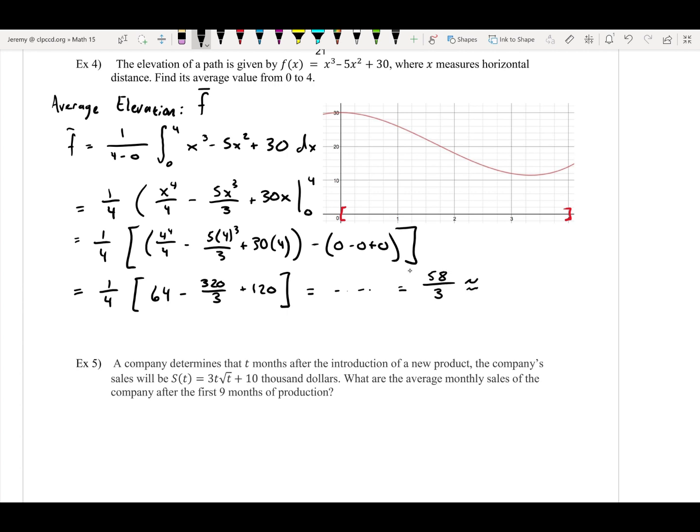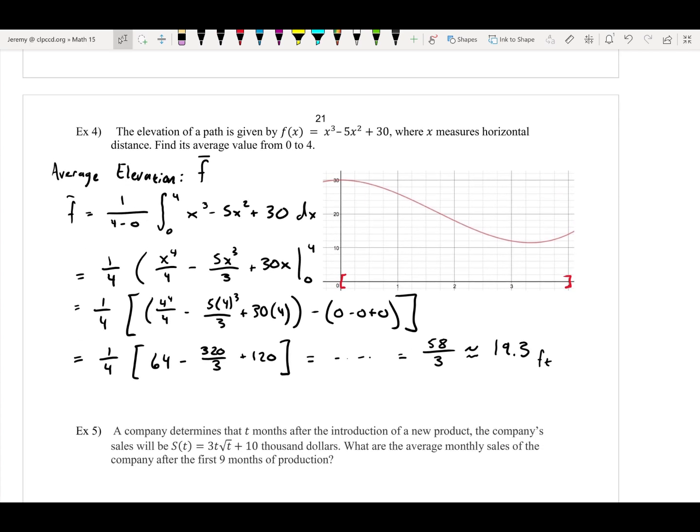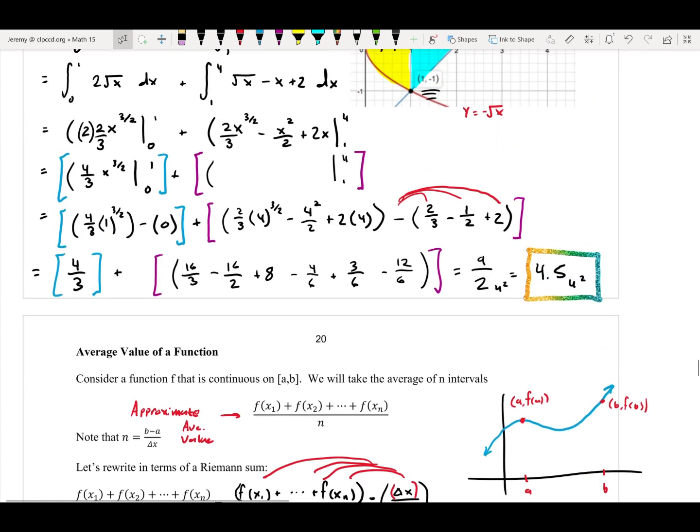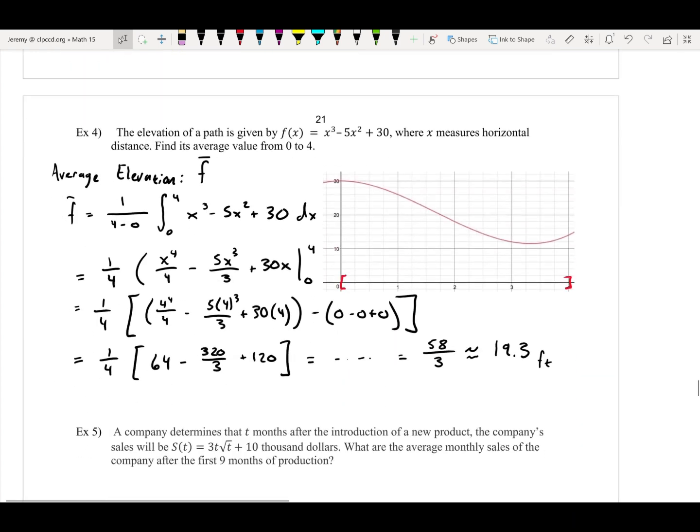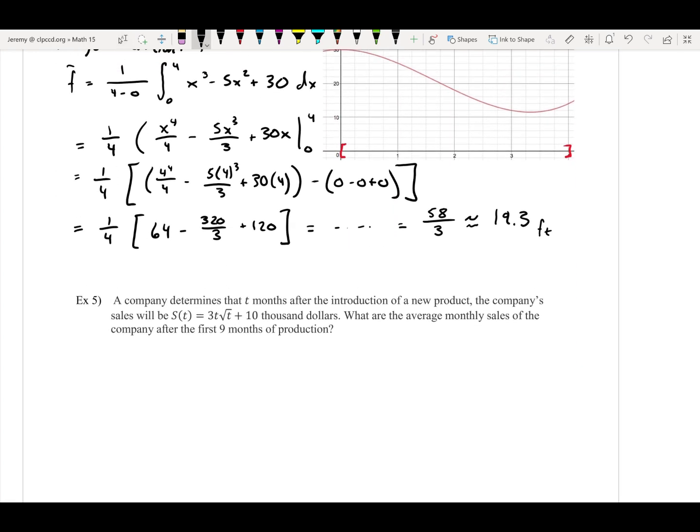Or this is approximately 19.3, putting that into my calculator and rounding to the nearest tenth. And then we would include our units. Let's assume it to be feet. I'm noticing that there actually aren't units listed here, but we would normally include units down there. And that would be our answer.